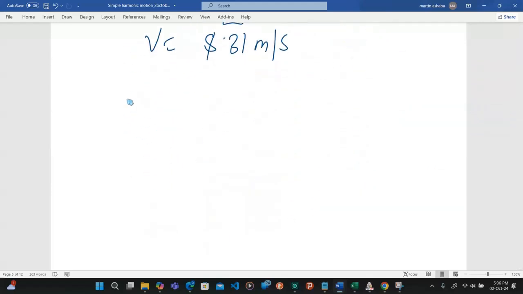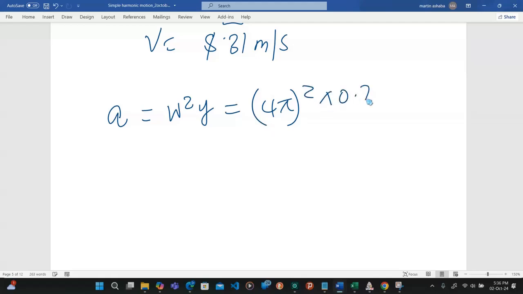Let's look at acceleration. Acceleration is omega squared times y. So this is 4 pi everything squared times 0.75.